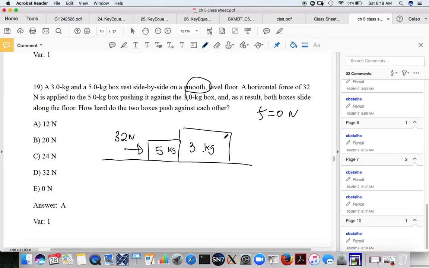How hard do the two boxes push against each other? So you want to find the force that arises between these two blocks. It doesn't say anything about acceleration. Let's see. So let's do the free body diagram on the 5 kilograms block. We have a 32 newtons force to the side, and you do have a reaction force from the 3 kilograms block on it.